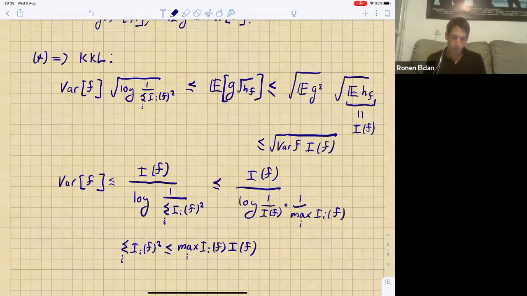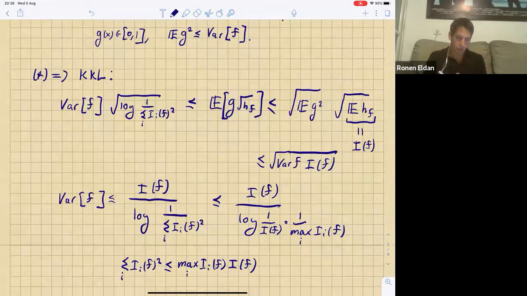And this is almost KKL, right? If we could erase this thing, not including the log, if we could erase just this thing, we would have KKL exactly. But the point is, it's not very hard to check that if this is the dominant term, this product becomes a sum of logs.